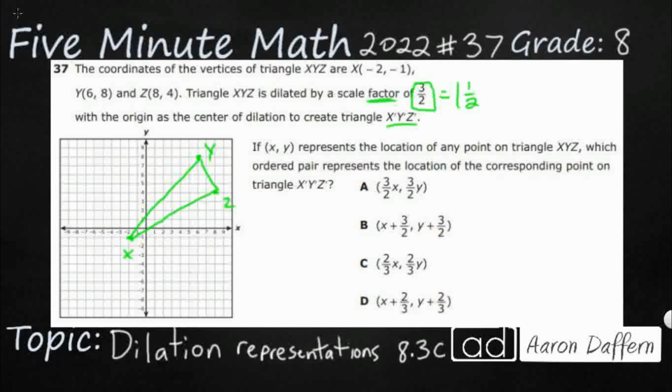Well, let's see what would happen if we did A, right? So if we were to do A, we would take this x and this y for these 3 points. And it looks like we would multiply them by 3/2, or 1.5.